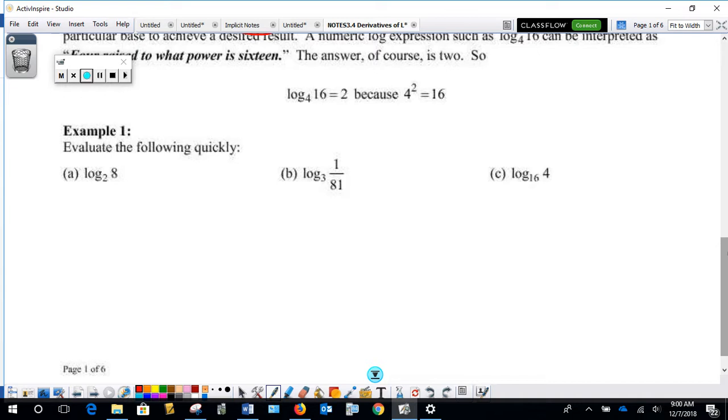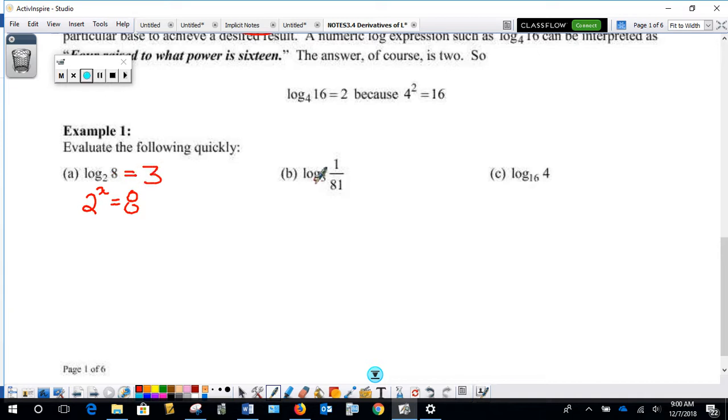Now, when you're evaluating these, you can either just do it in your head, or if it helps you, rewrite it in exponent form. What I'm asking for is: 2 to what power x equals 8, if that helps you to rewrite it in exponent form. Or you just basically go, what exponent do I put on a base of 2 to get 8? What's your answer? 3.